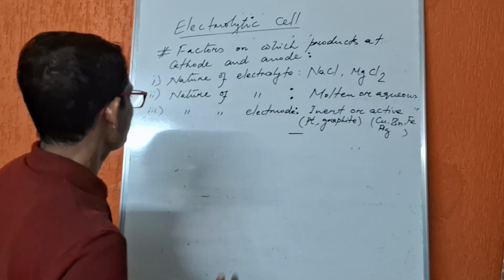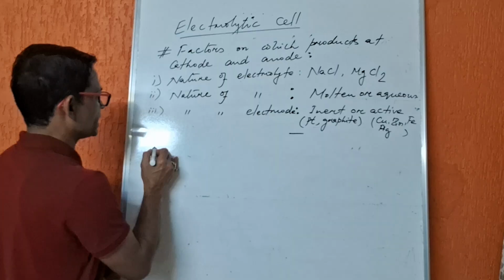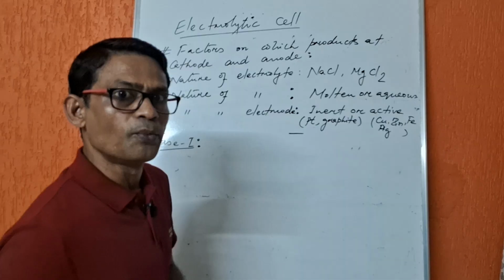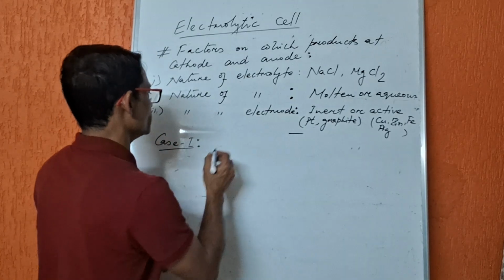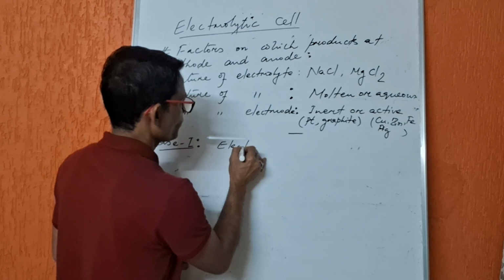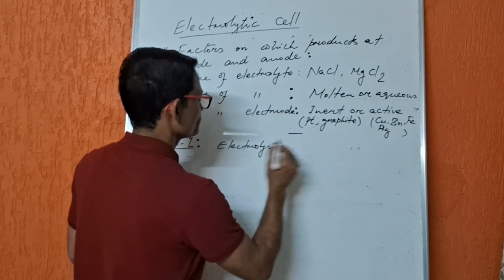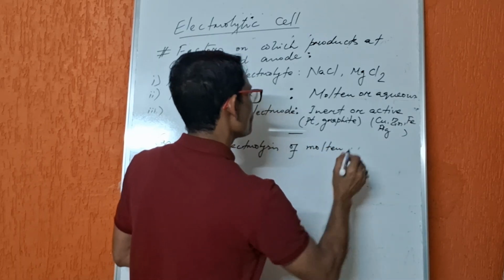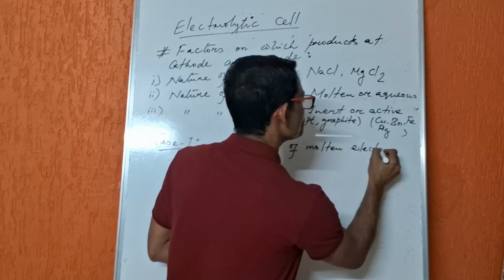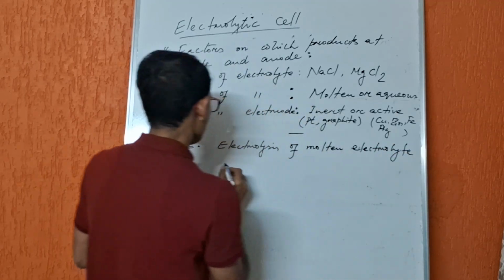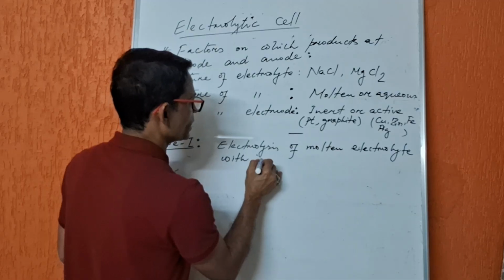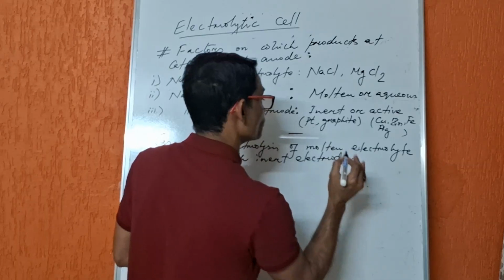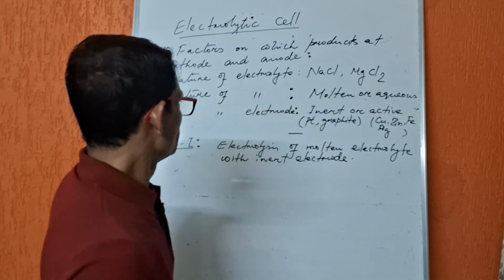First case, we will discuss electrolysis of molten electrolyte with inert electrode. So take an example.